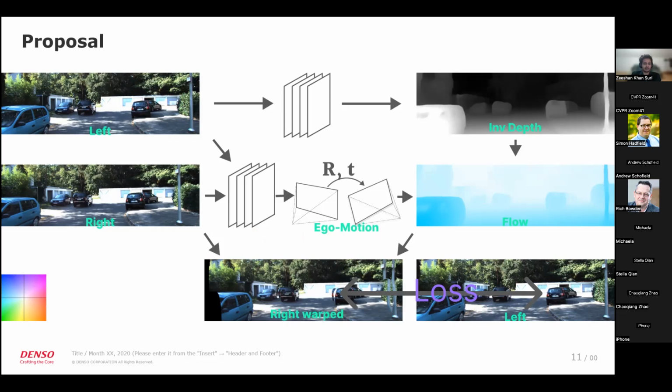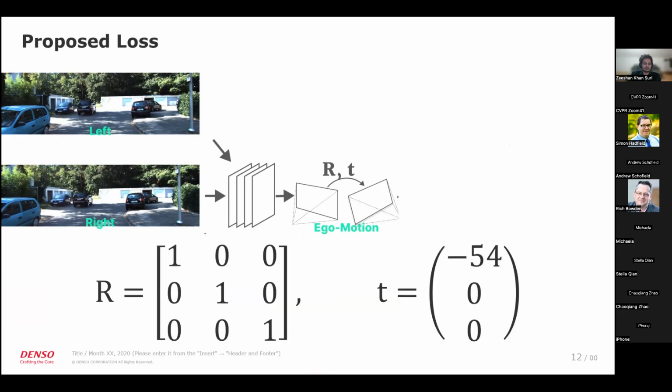So from this ego motion, estimate the flow, warp it, and calculate the loss with respect to the target image. And since we already know the motion between the left and right image, which is no rotation, only translation in X direction, because this stereo setup is rectified, we can use this to supervise the output of the pose network.